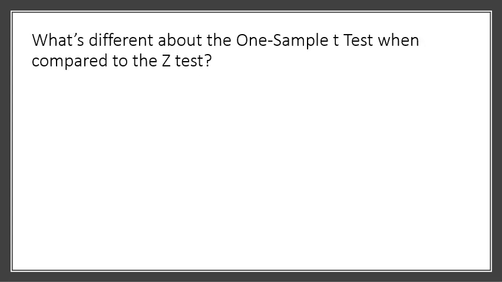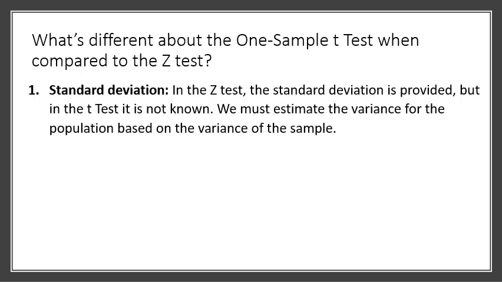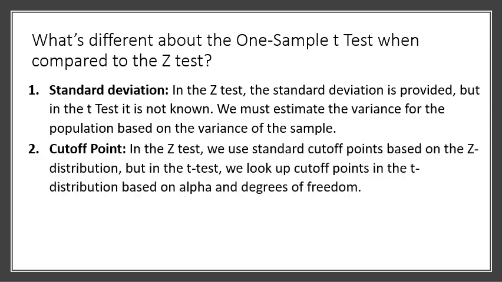So what's different about the one-sample t-test when compared to the z-test? The standard deviation. In the z-test, the standard deviation is provided, but in the t-test, it's not known. We have to estimate the variance for the population based on the sample variance. Secondly, the cutoff point is going to be different. In the z-test, we used standard cutoff points based on the z-distribution. We looked those up, you'll remember.